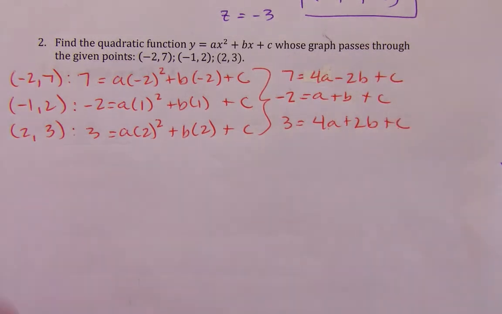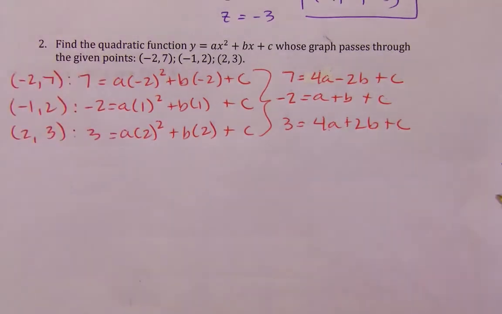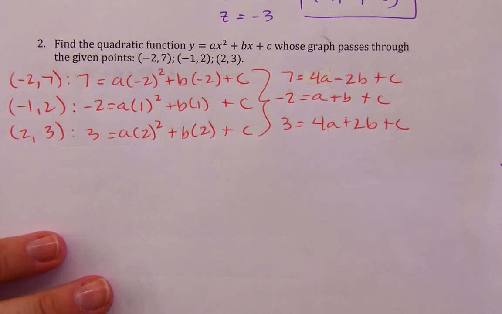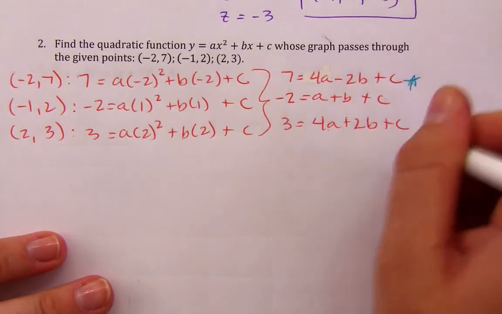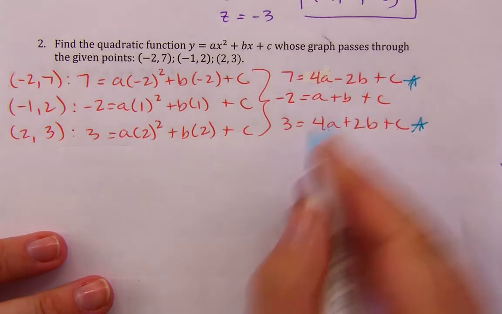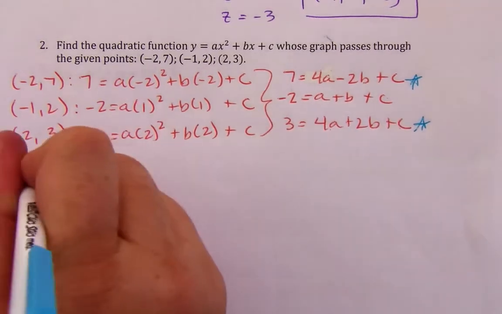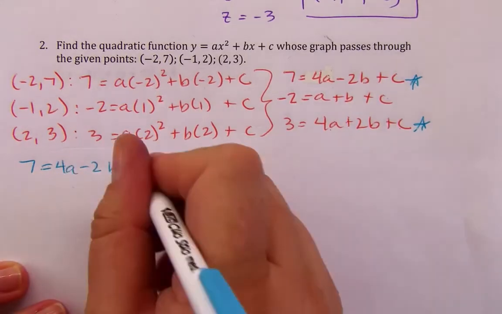I'm going to choose to work with c, and so let's choose 2 of them to put together and cancel out. I'm going to choose the first one and the last one. So I'm going to multiply the bottom equation by -1 so that my c's cancel out. So I have 7 equals 4a minus 2b plus c.